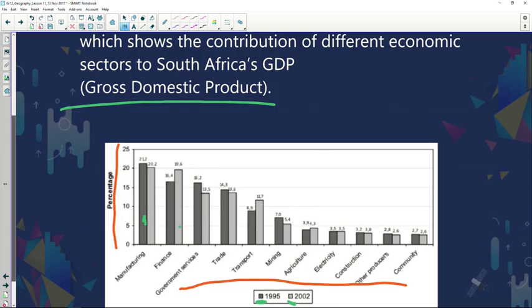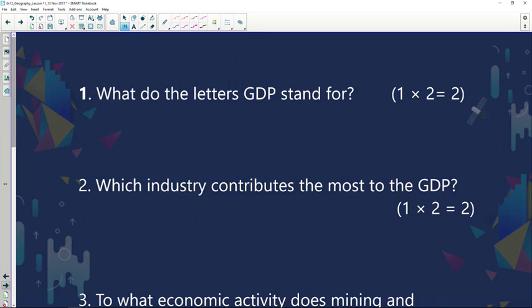Manufacturing, the secondary activities, finance, tertiary activities, etc., etc. And there's the percentage on the vertical axis showing how much they have contributed to South Africa's GDP. Now if we look at the question again, which one contributes the most to the GDP?